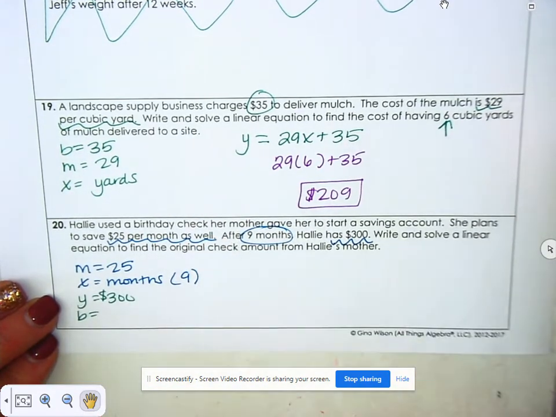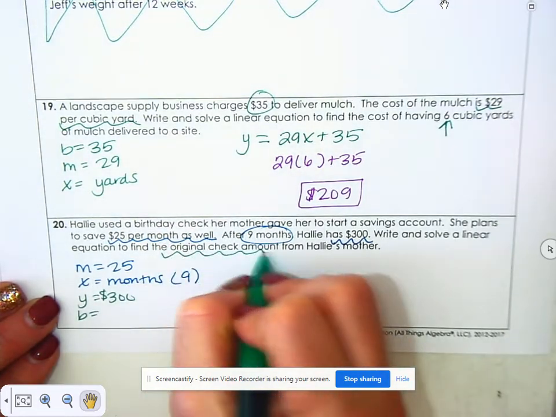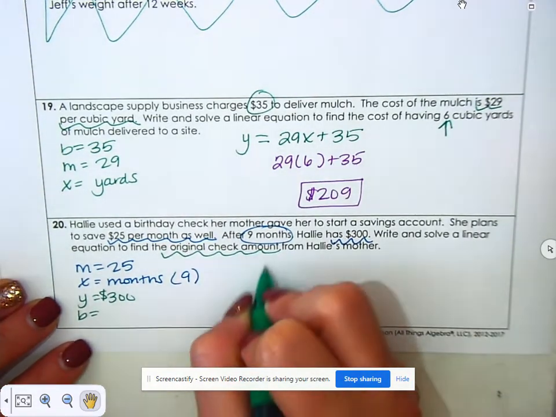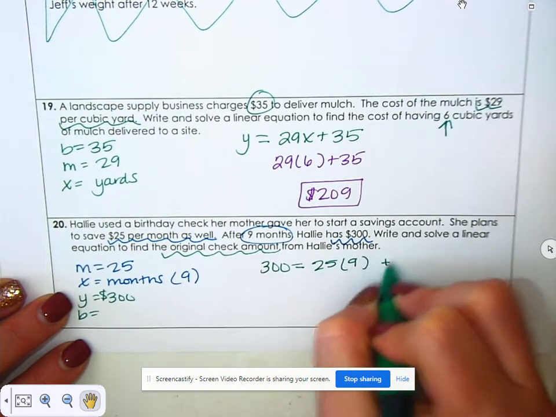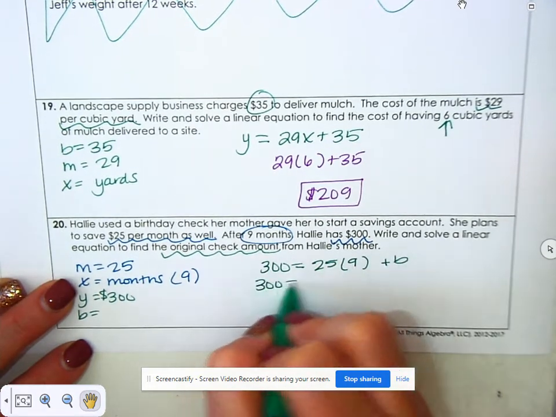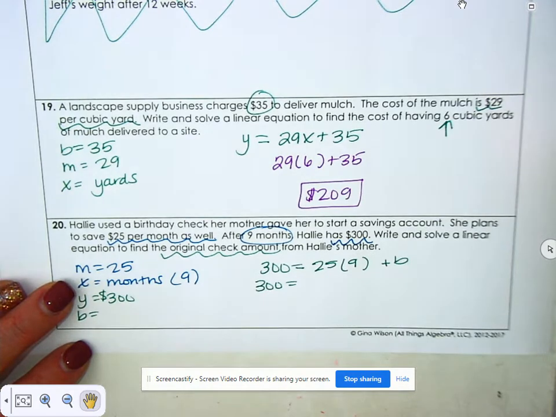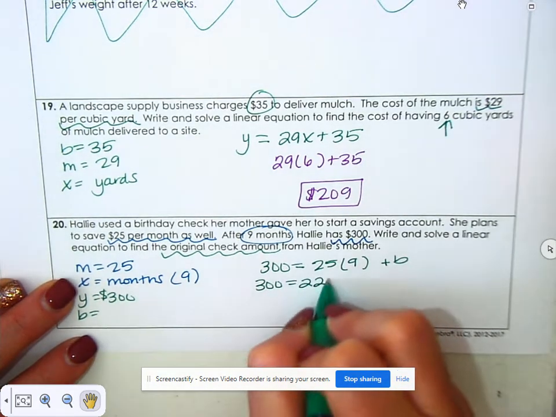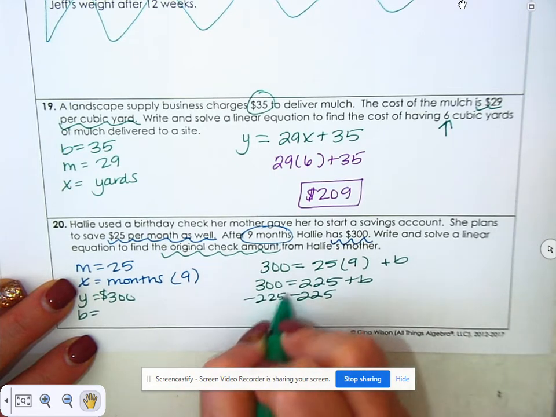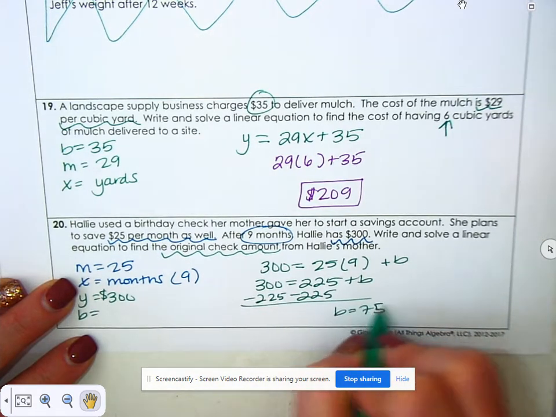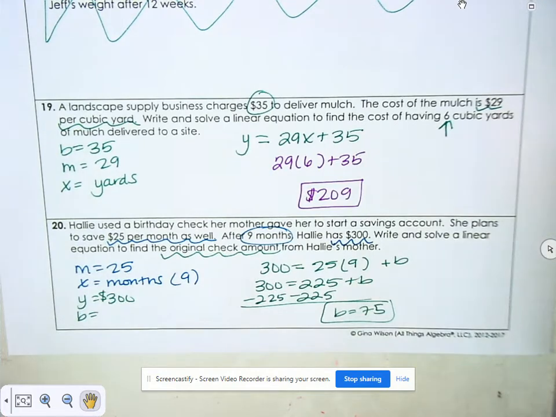B would be how much the check is, that's what you're wondering. Find the original check amount. So Y is 300, equals 25 times 9 plus B. So the original check amount was $75.